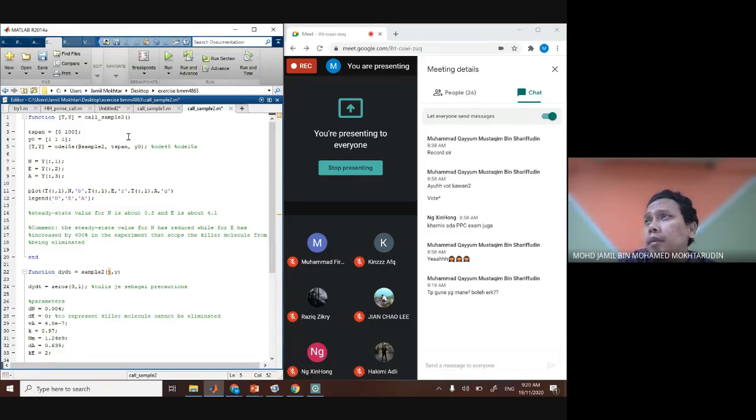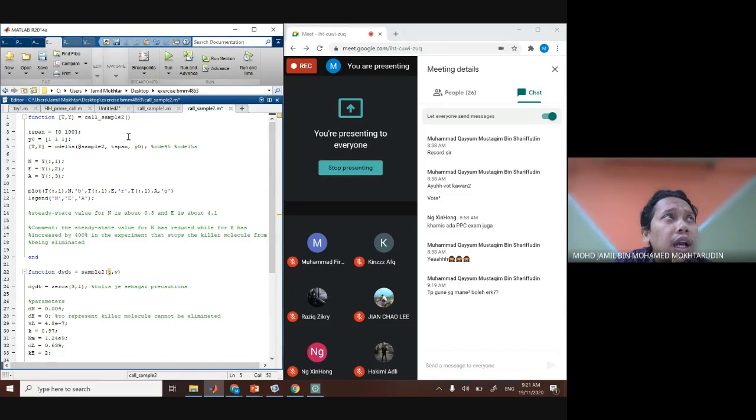Sebab pertama, geometri kita sangat complicated. Second, meshing problem, maybe terlalu besar ataupun terlalu kecil. Bila terlalu kecil dia makan masa yang lama dan makan banyak RAM. Bila terlalu besar dia jadi tak accurate, jadi error juga.